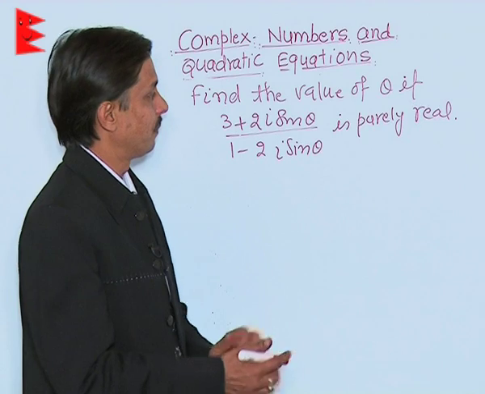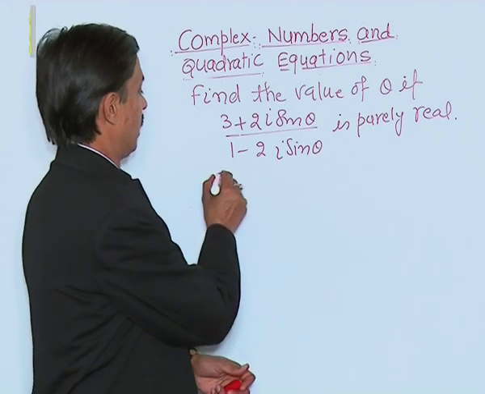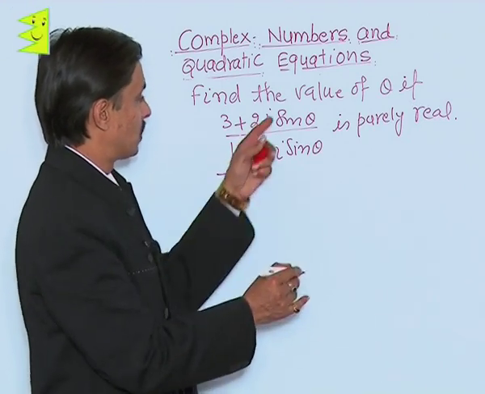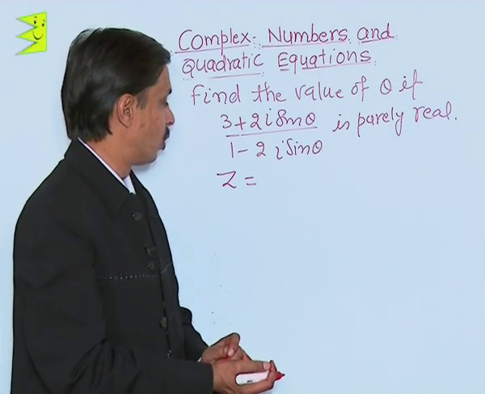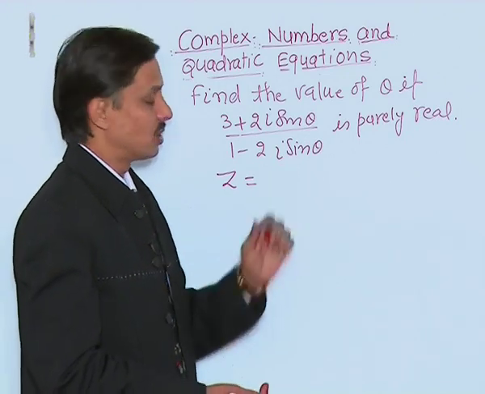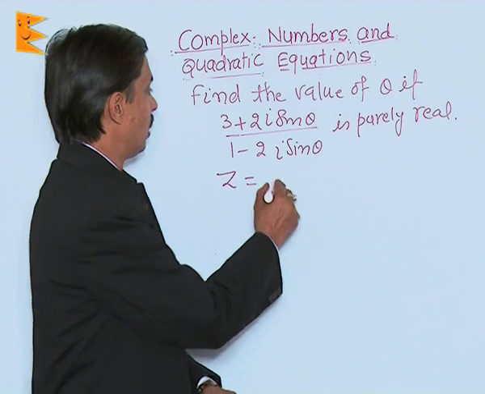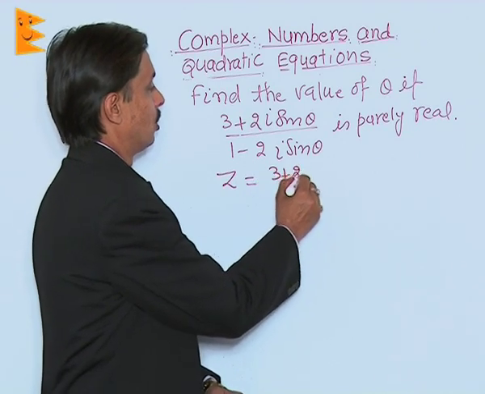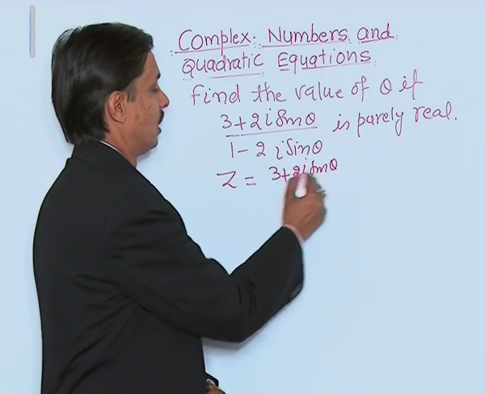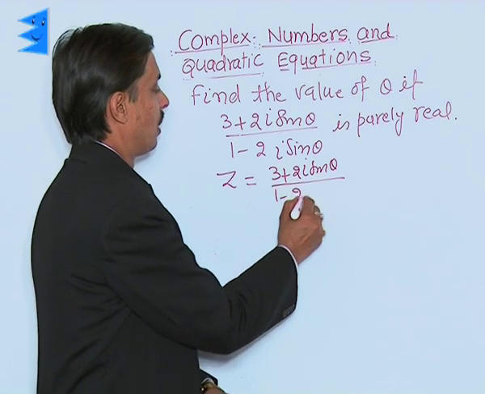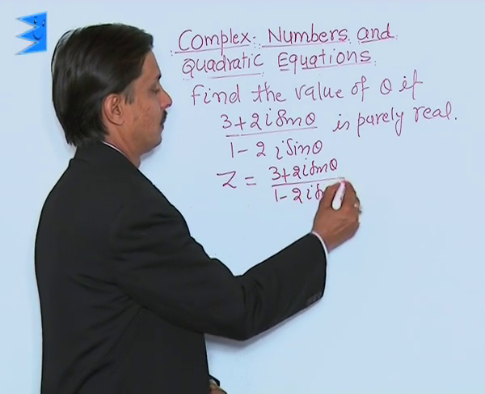This is the problem. As clearly i appears in two places, the numerator and the denominator, at this stage this is a complex number (3 + 2i sin θ)/(1 − 2i sin θ).